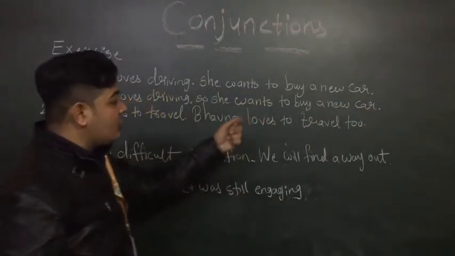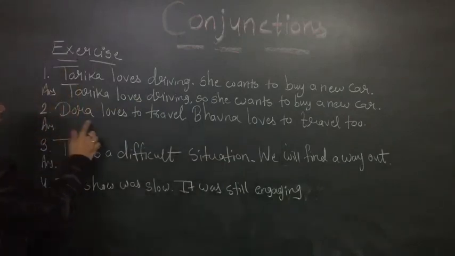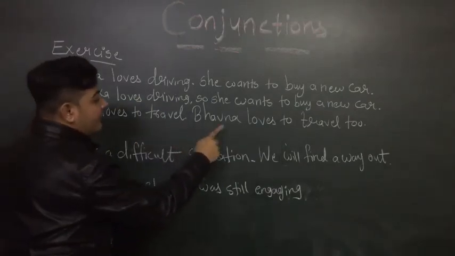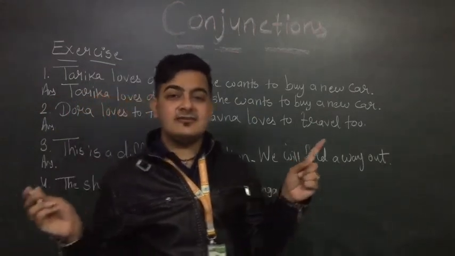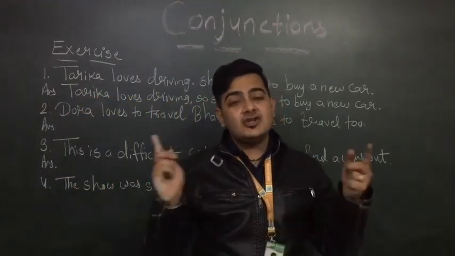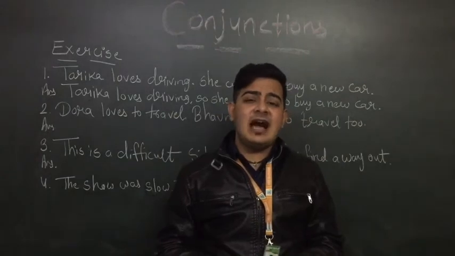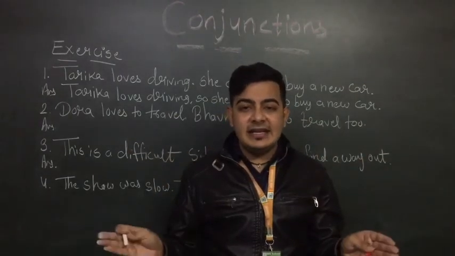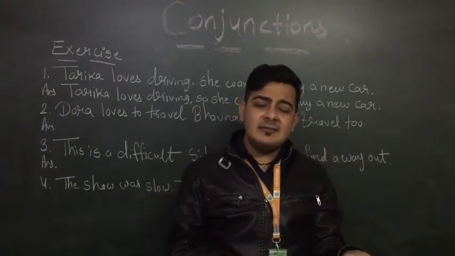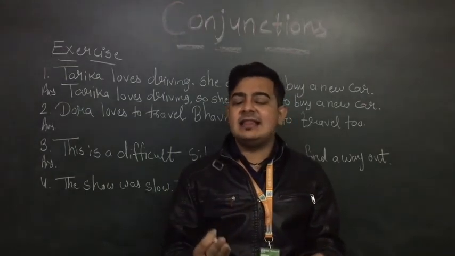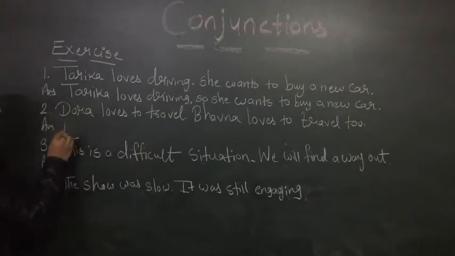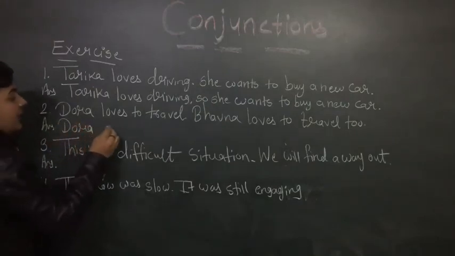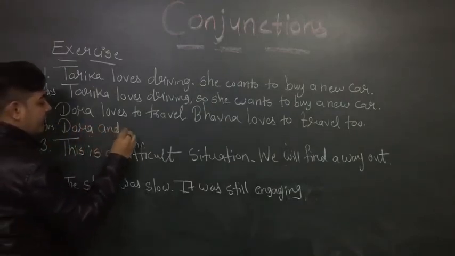ठीक है? Now second one, Dora loves to travel, Bhavna loves to travel too. Here both the sentences want to convey the same thing. So why have we written both sentences differently? Here we need to add our conjunction, and that is and. So Dora and Bhavna.